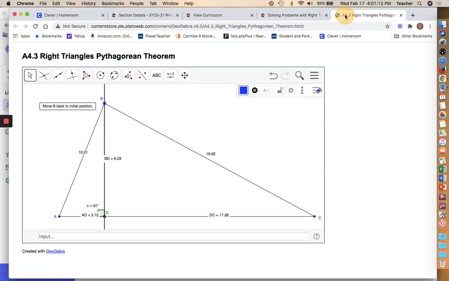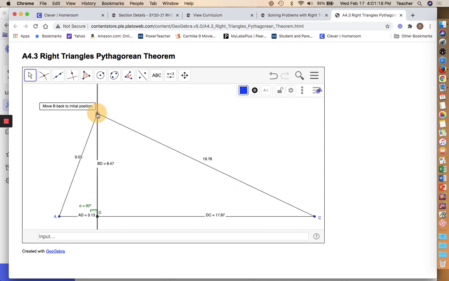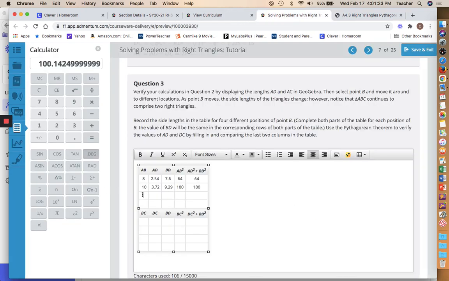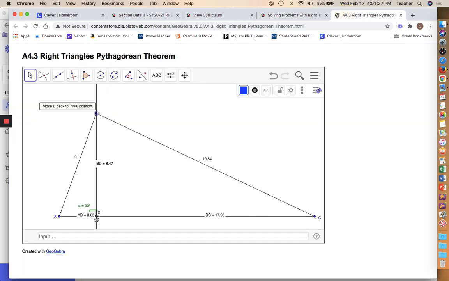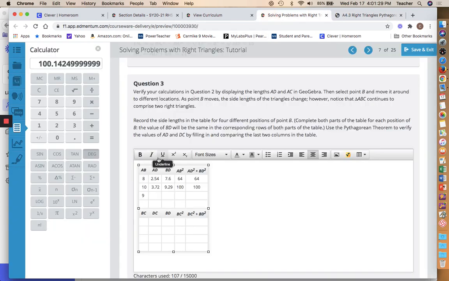Alright, let's try another one. We'll put it at 9. So AD was roughly 3.05.